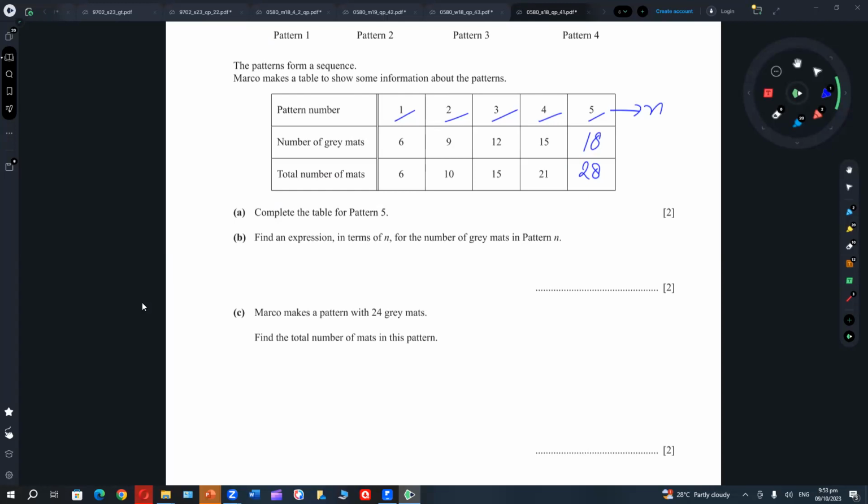So one number is being added, so we can use the formula: A is equal to 6, B is equal to 3, and this is the formula.